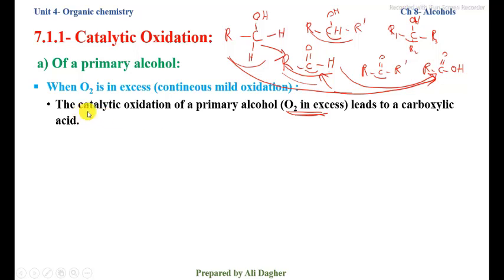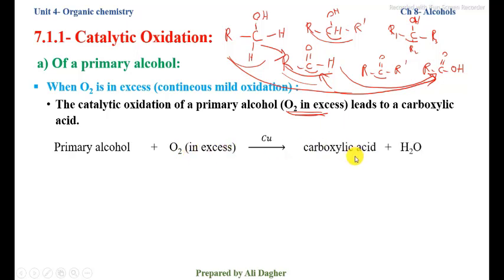Then to memorize, the catalytic oxidation of primary alcohol when the oxygen or the oxidant is in excess leads to a carboxylic acid. Primary alcohol plus O2 in excess give carboxylic acid. RCH2OH is the primary alcohol plus O2 the oxidant give RCOOH.